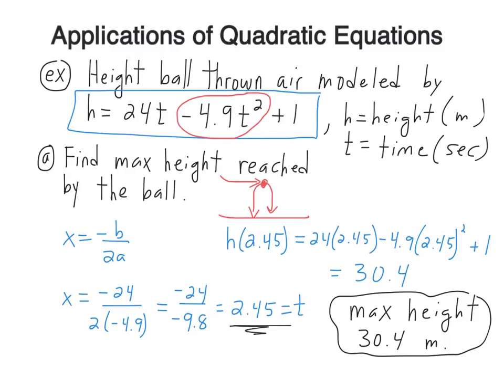Now, if you were allowed to use a calculator, which you are allowed to, and suppose that you did not have to find it algebraically like this, so maybe instead of the word find, which implies you have to show some work, perhaps it said write down, which implies you do not have to show work. If that were the case, I would encourage you to graph this in your calculator and then use the maximum button under second calc.